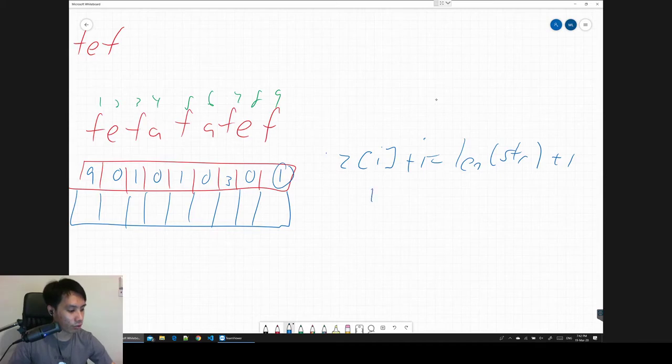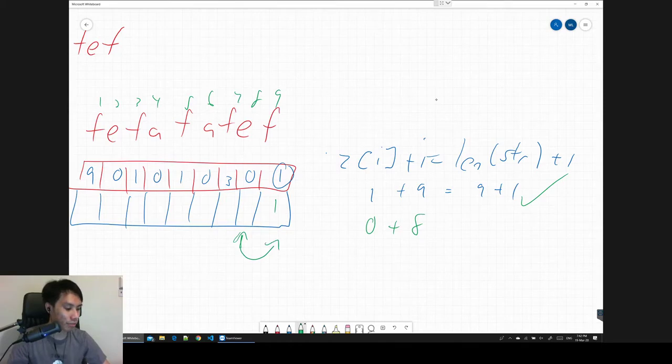So for the first one, 1 plus 9 equals 9 plus 1, which is a pass. It will be a 1. The next one will be over here. 0 plus 8 is not the same. So I'm going to just copy the value over here, which is 1. Or if I were to be more specific, wherever I see a number of 0, just copy the 1 on the right.